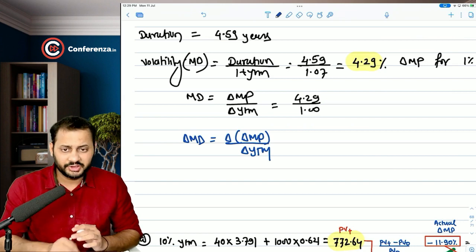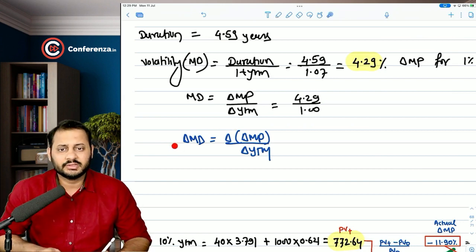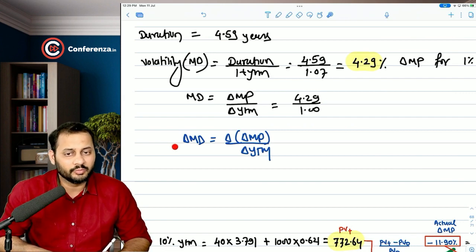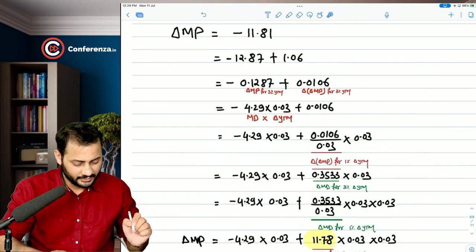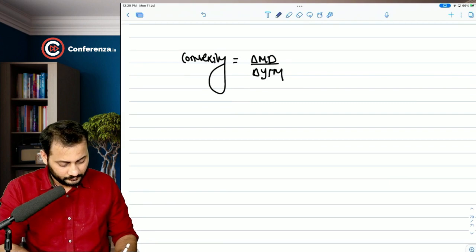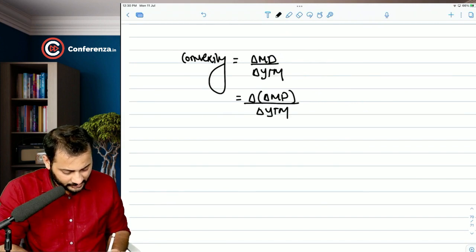Now if I add a change on the right hand side, what will be the difference on the left hand side? It will be called change in modified duration. One change has been added on both the sides. So the formula for change in modified duration will be change in market price divided by change in YTM, and then again divided by change in YTM.